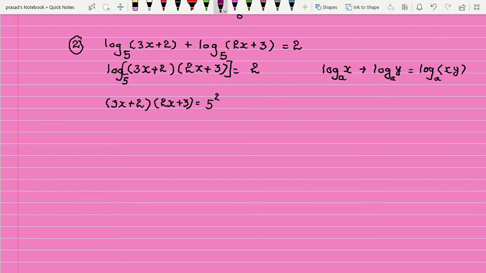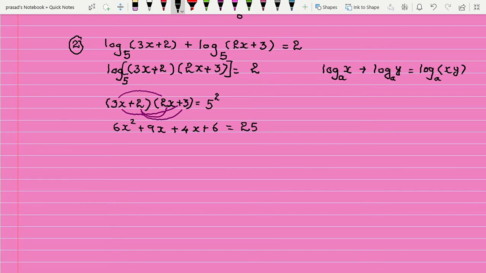First 3x into 2x will give you 6x square, plus 3x into 3, that is 9x, plus 2 into 2x, that will give you 4x, and then finally 2 into 3, that will give you plus 6, and that is equal to 25.